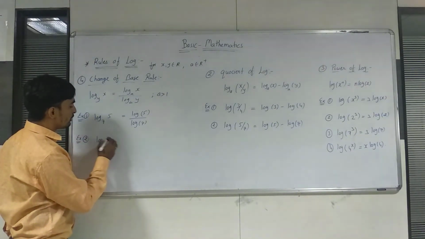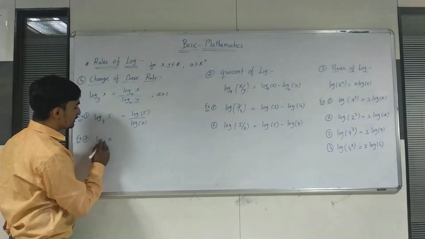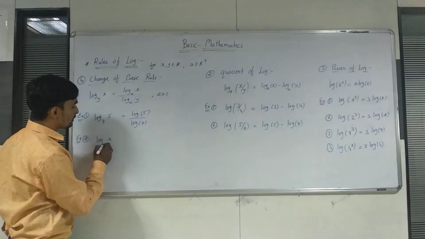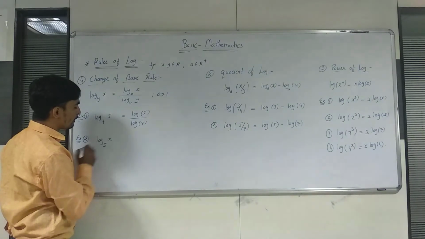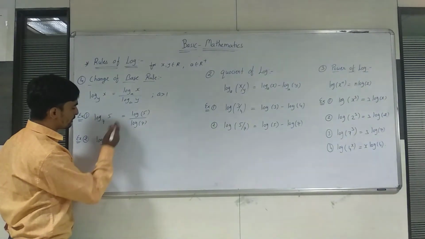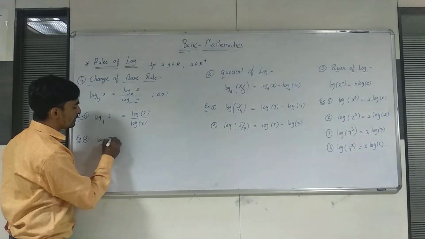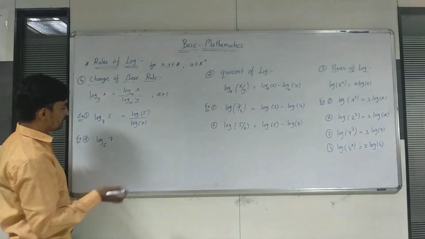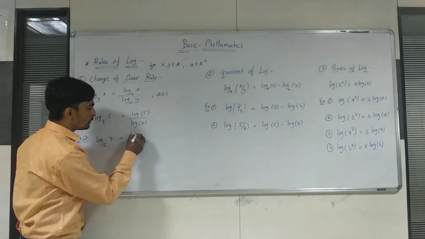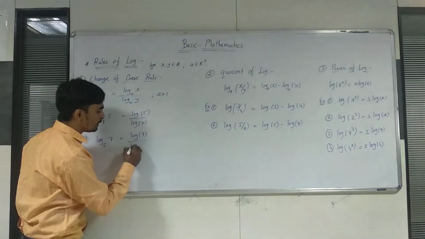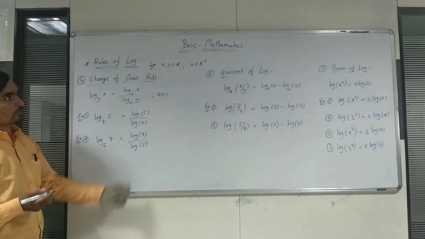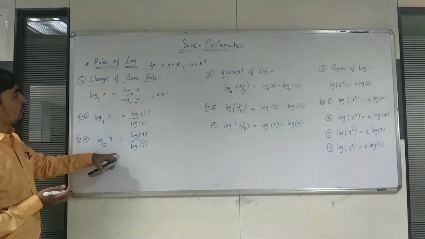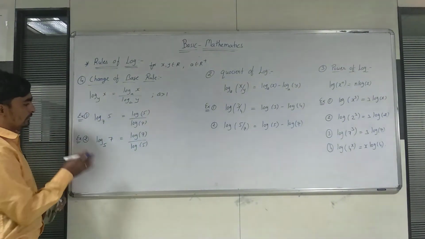Log of x with some variable, like say it is 5 at base 7. Give it any number. This way also, log of 7 divided by log of 5. So this way you can go for the change of base rule.